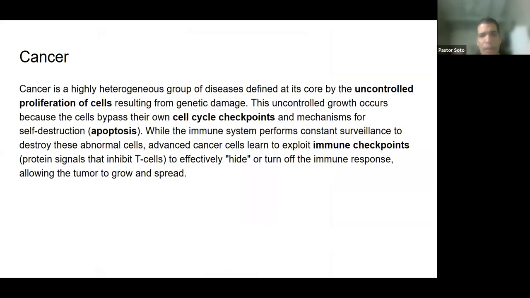So just a brief introduction: cancer is a heterogeneous group of diseases. One thing they have in common is a proliferation of cells that didn't pass the checkpoints, but the immune system is also not able to kill them because they hide from the immune response.